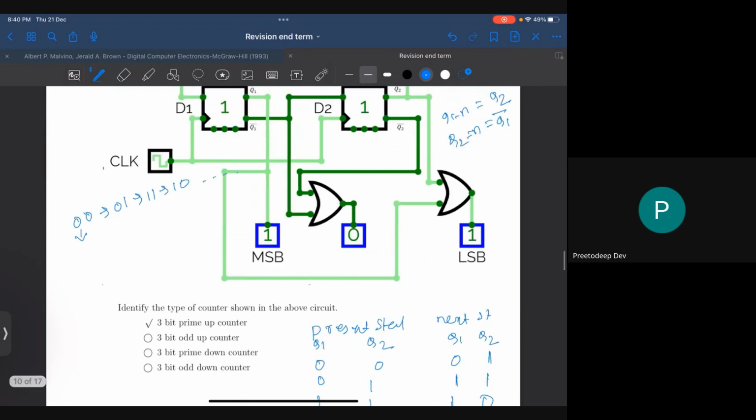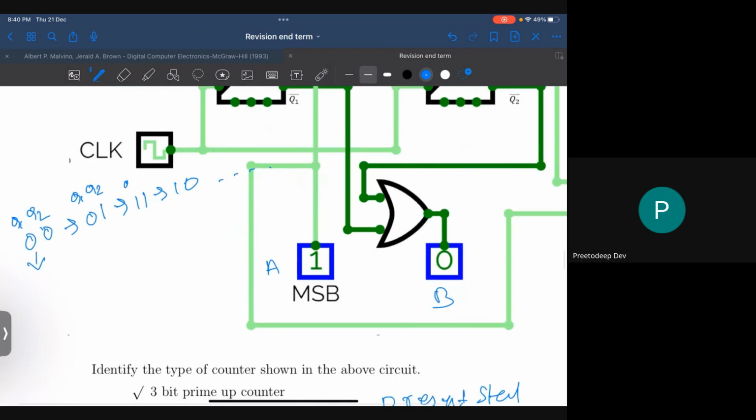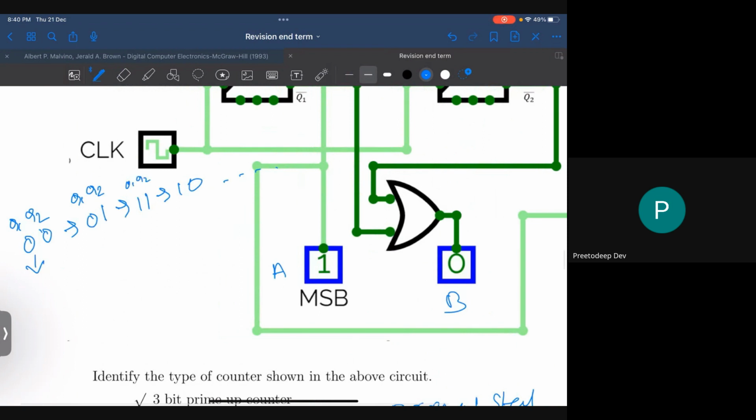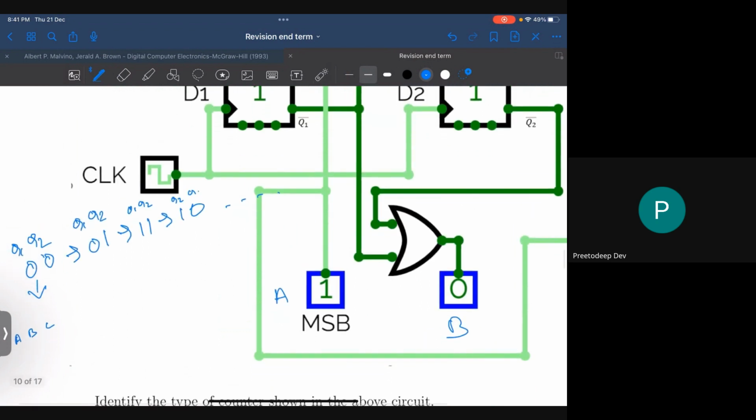Suppose this is a, this is b and c. So a equal to q1, and b and c are functions of q1 and q2. So a b c, a equal to q1, so it will be 0.